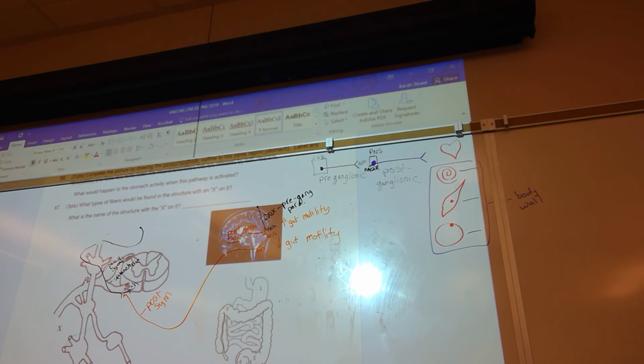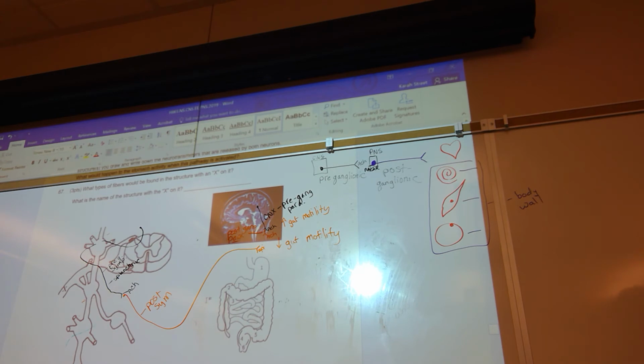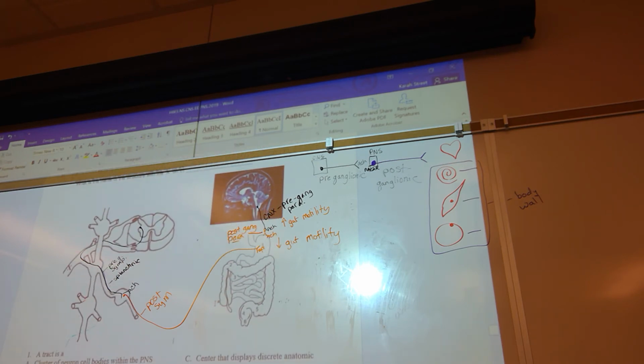My X has clearly shifted. That's where it's supposed to be. So where is that X located? Or what would we find in those structures?